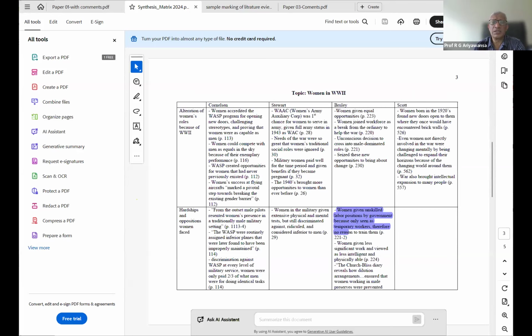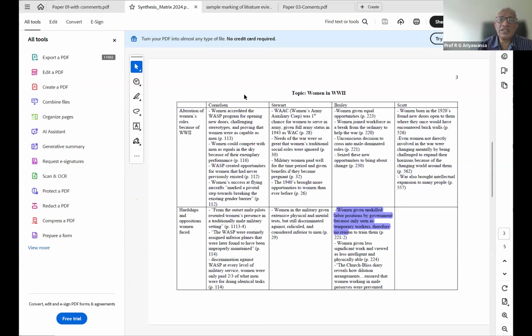Suppose in a particular research, they wanted to do research about women in World War II, the role of women. That is what these particular researchers have done. Under this theme, we can get two main points.